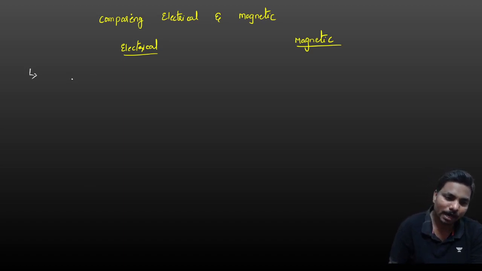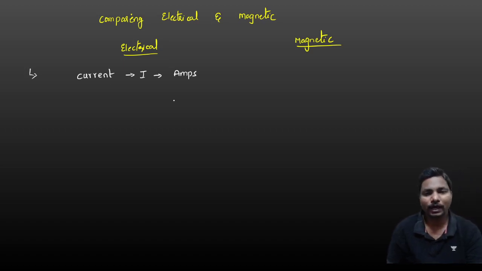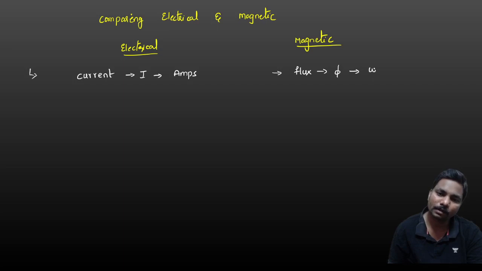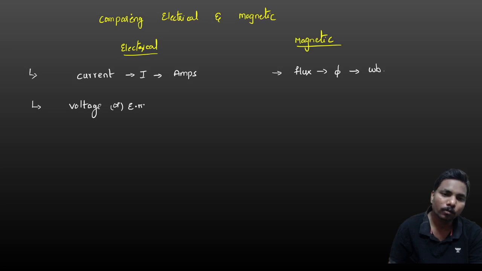In electrical, the fundamental quantity is the current. Units are amps, flow of electrons. Here, flow of field lines is the magnetic flux, with units Weber or Maxwell. To flow the current we require voltage, also called electromotive force, EMF.